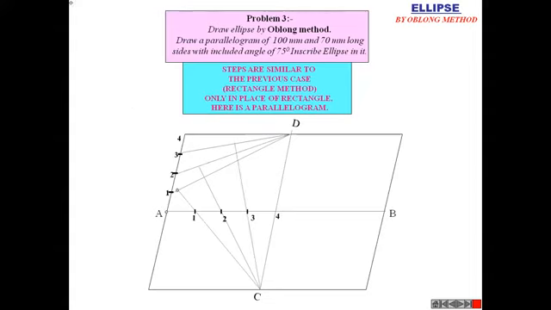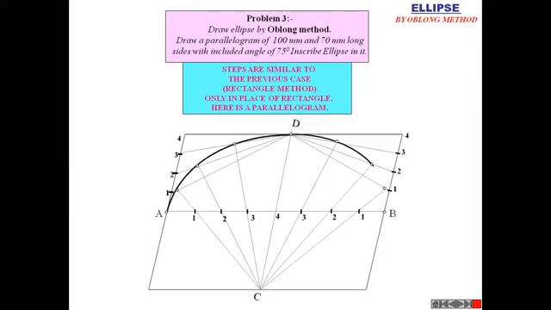Then we get three points. Similarly on the right-hand side, points 1, 2, 3, 4, divide the line into four equal parts and join all these points. Then do the similar structure on the downward side also, and we get the complete ellipse.